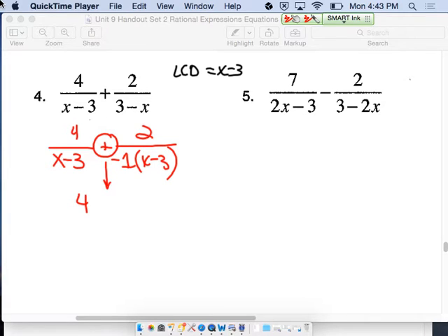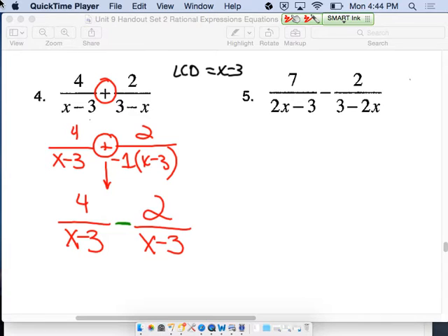So I end up with 4 over x minus 3, and instead of adding these together, that becomes a subtraction operation between the two expressions now, and I simply copy the second expression as it was, but I write it now with that common denominator.